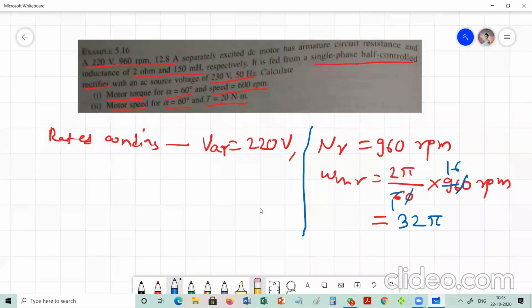Then they have given the rated current IAR is equal to 12.8 ampere.